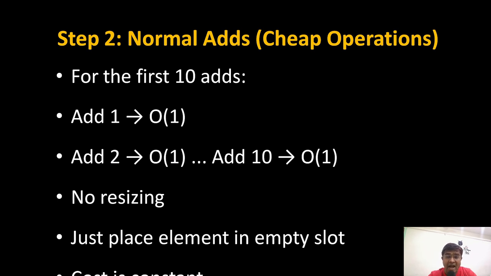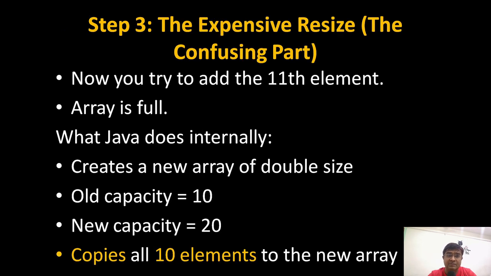Now this is where the key thing happens. Up till here we have added 10 elements, so the cost is constant. If I want to add the 11th element into the ArrayList, what does Java do internally? Java creates an array of double size. If the previous capacity was 10, the new capacity is 20.